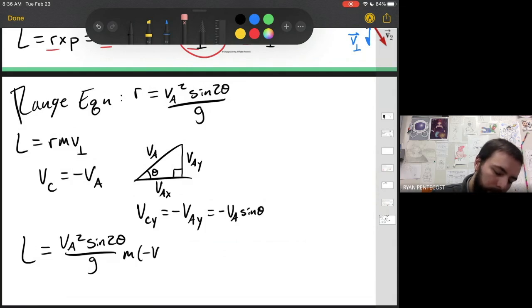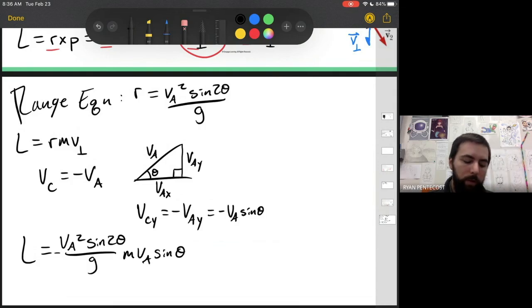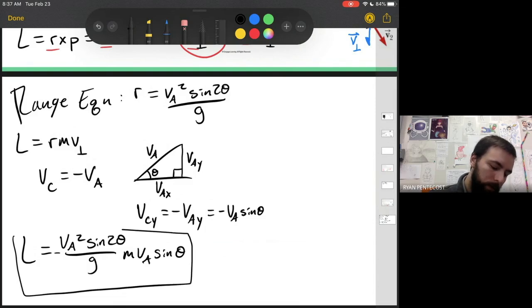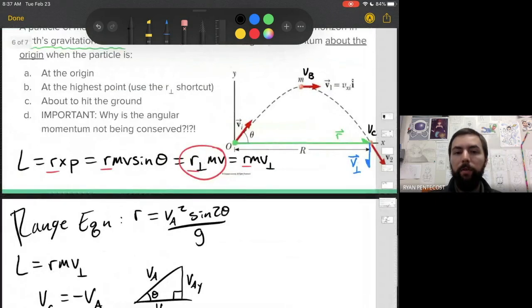I'm just going to pull that negative out and put it up front. Negative, then VA sine theta. Now remember, you cannot do any math finagling with sine theta and sine 2 theta. You can't just factor that 2 out or something. So we're just going to leave it as it is there. And that is your angular momentum about the origin of a projectile as it is about to hit the ground.